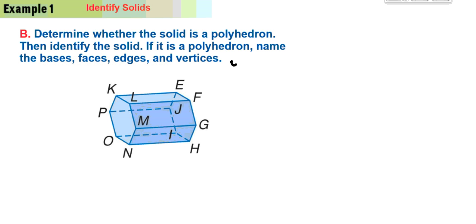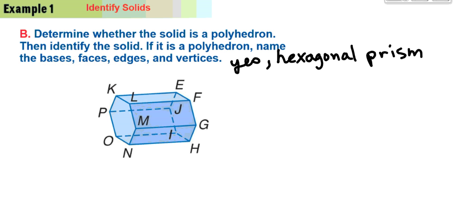Okay, so yes, it's a polyhedron and it's a hexagonal prism. Now, instead of writing, we're just going to name the bases, faces, and edges. So you are going to tell me the bases, and you're going to say the word hexagon, and then give me the order, and I'm going to trace it, and then I'm just going to erase it after that. Go ahead. What are the 2 bases?